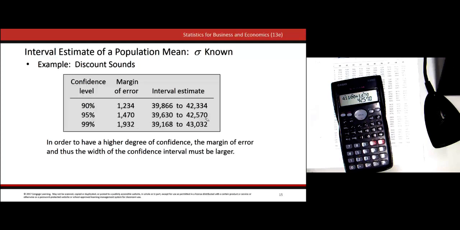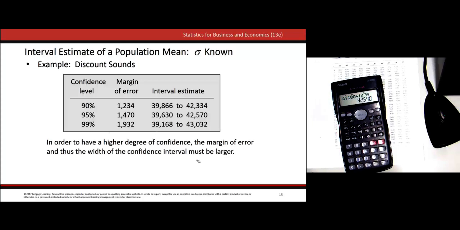So you lose the accuracy. You gain in reliability but lose the accuracy. So if you increase the confidence level, then yes, you have a more reliable interval, but a less accurate interval. Your margin of error is now higher.